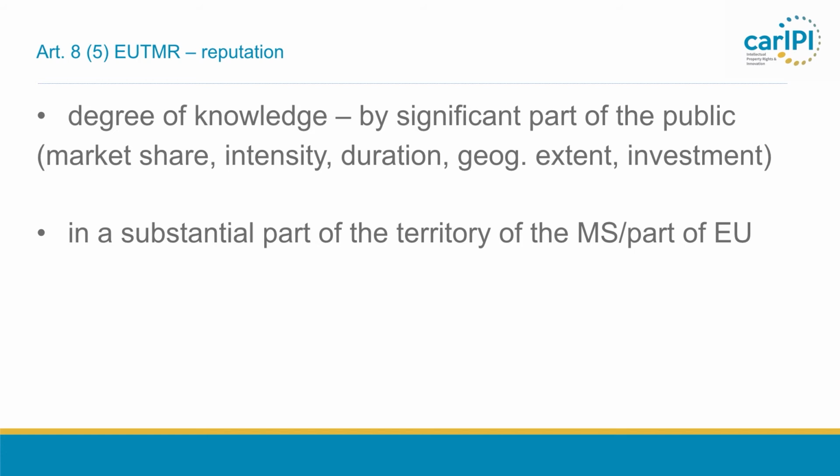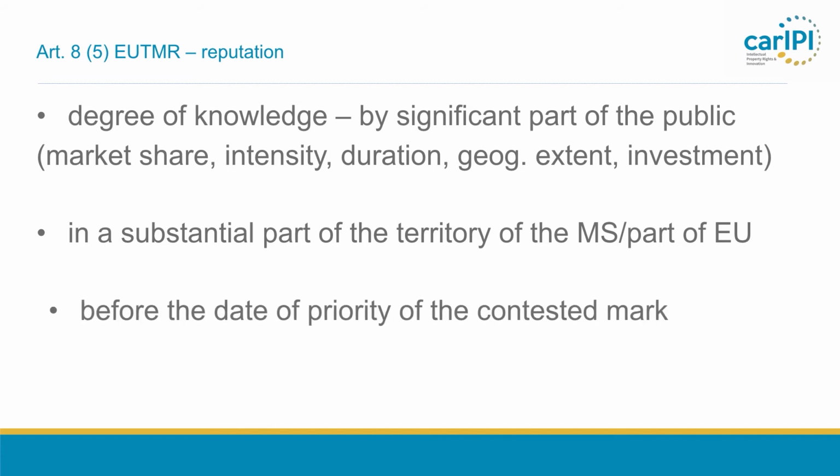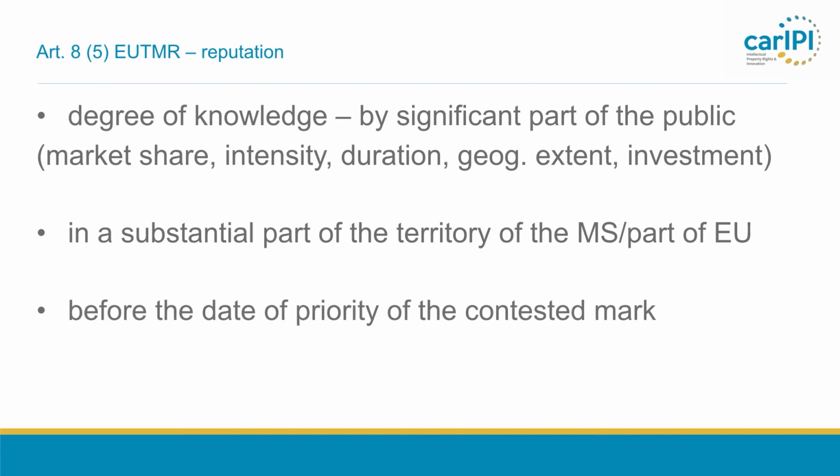If it is a European Union trademark, it is the practice of the Office, on the basis of case law, that normally a reputation proven in one of the member states is considered as reputation sufficient for the territory of the EU. The reputation should have been acquired before the priority date of the contested sign or the filing date, and for the relevant goods and services, of course.